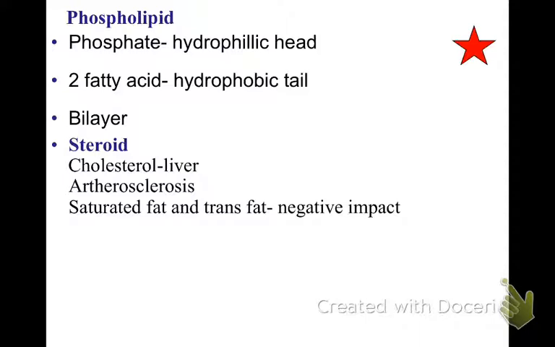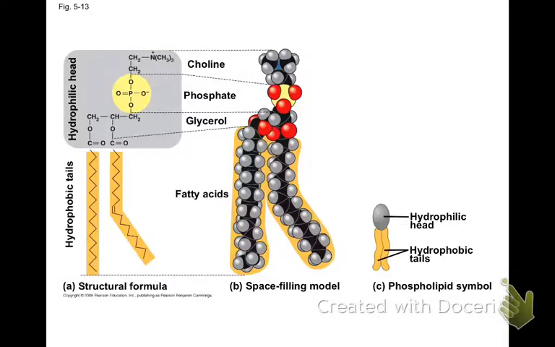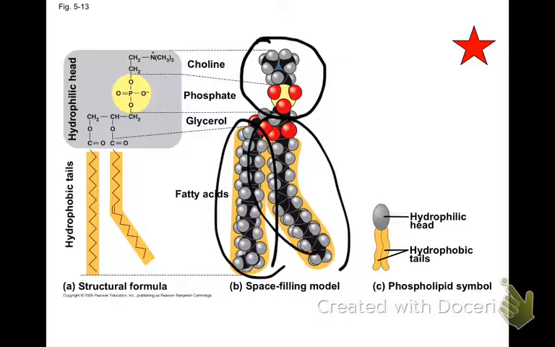And where do you see phospholipid? It is found as a bilayer. The phospholipid bilayer basically consists of a phosphate group and 2 fatty acids attached to a glycerol molecule.